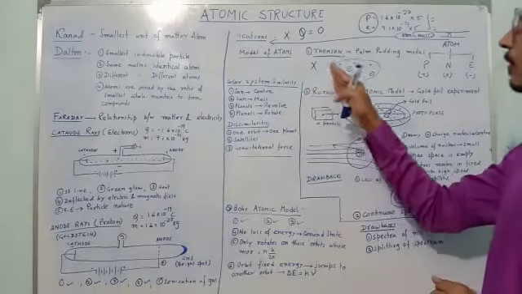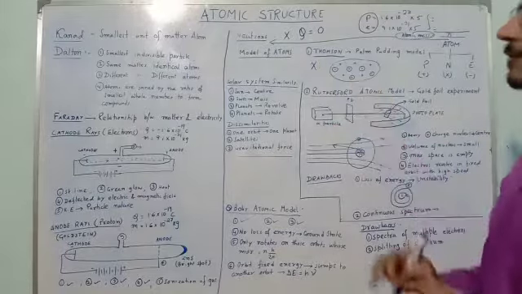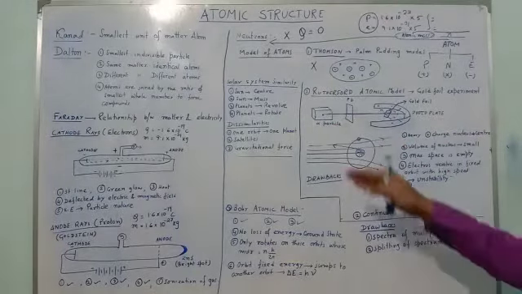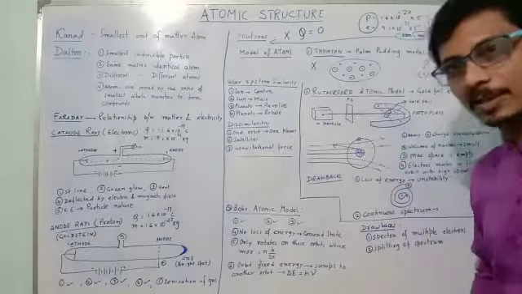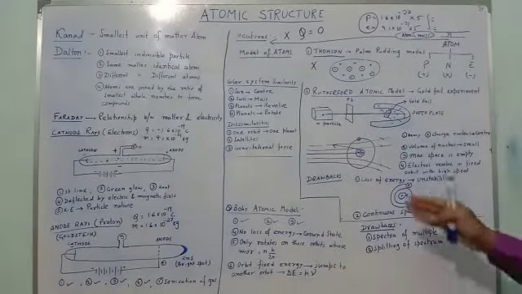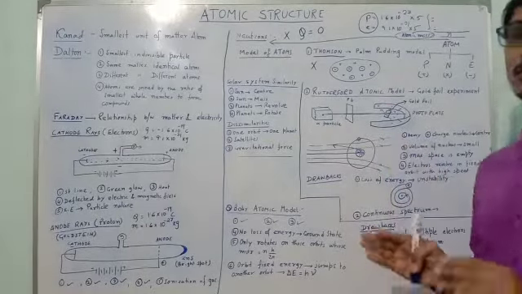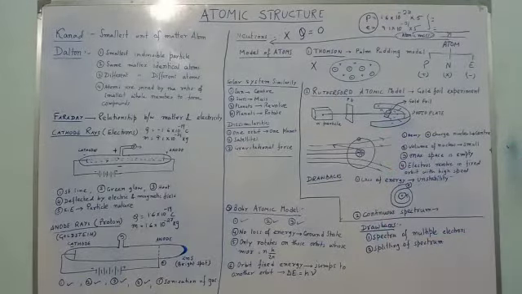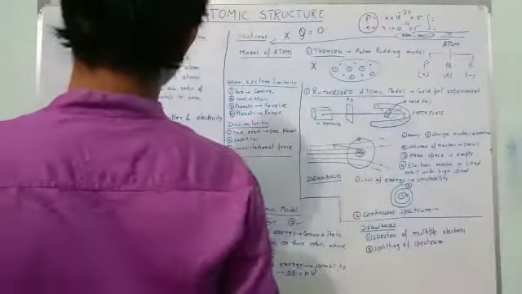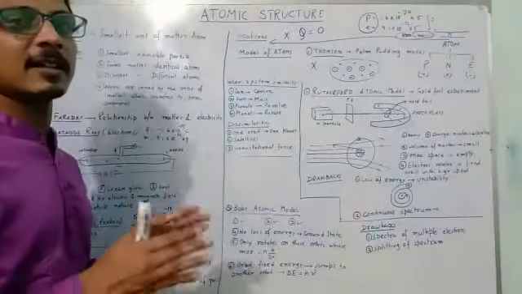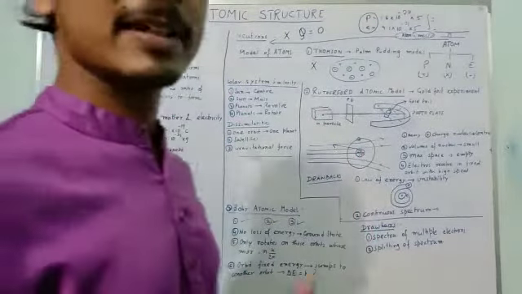Next, the second model of the atom was given by the famous scientist Rutherford, which is called the Rutherford atomic model. This model is based on an experiment called the Rutherford gold foil experiment. After this experiment, Rutherford drew certain conclusions.